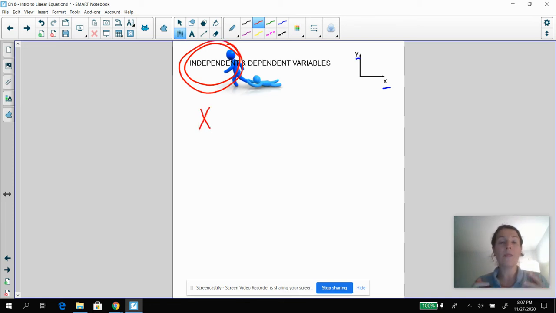An independent variable is going to be x typically. And x is one that operates on its own. So a great example of an independent variable would be time, because time keeps marching on no matter what happens. And a dependent variable is always going to be your y. It's going to be something that is impacted by x. So, if you talked about the number of hours that you're studying and how that impacts the grade that you get on your final exam.